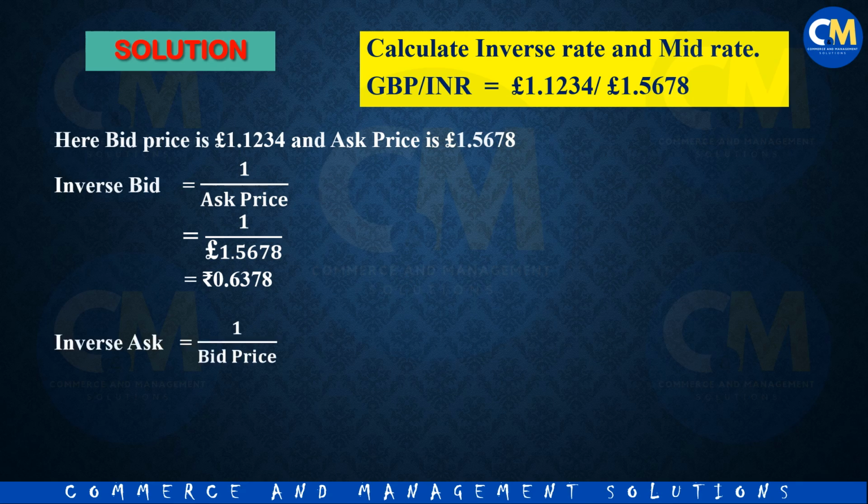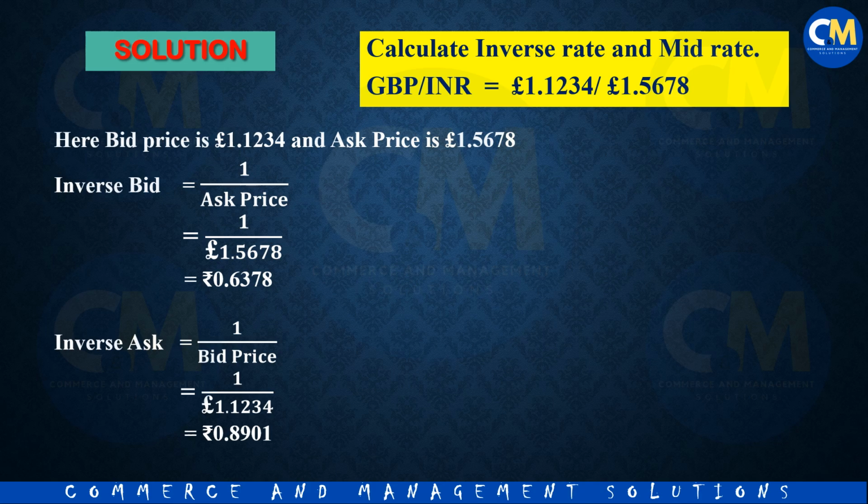That is, inverse ask is equal to 1 divided by bid price. So bid price is 1.1234 pounds. Apply that value into the equation. Then we will get inverse ask, that is equal to 0.8901 rupees. Now we got inverse rate, both bid and ask, for GBP INR.